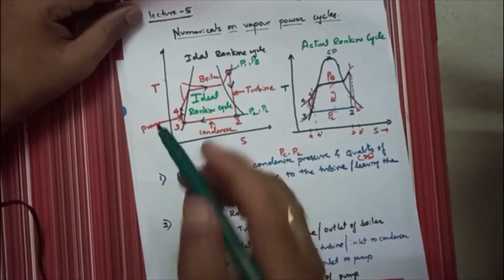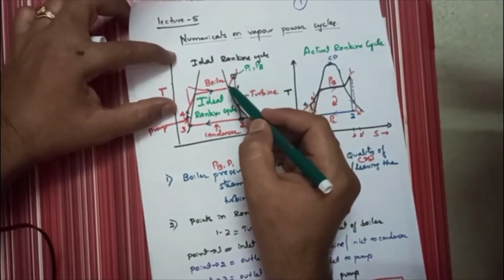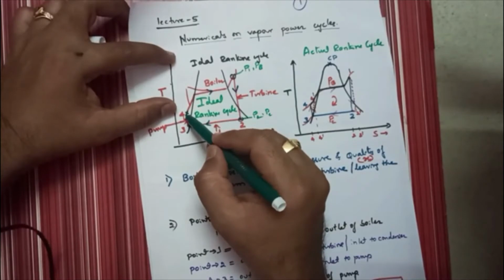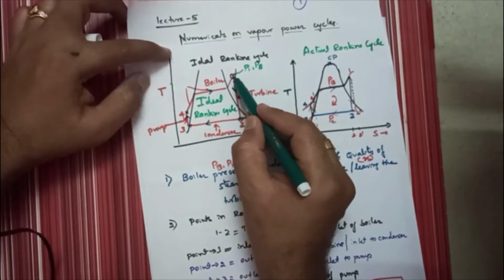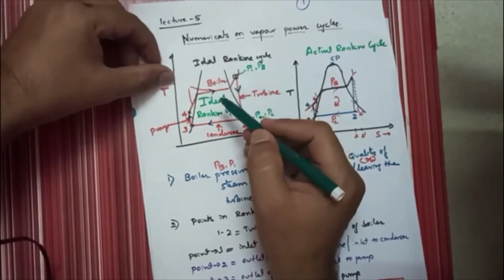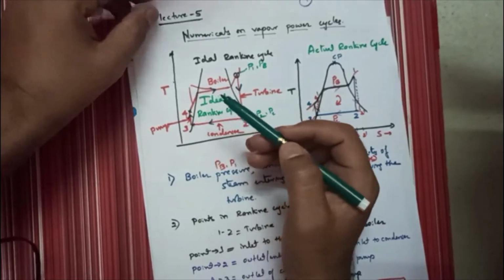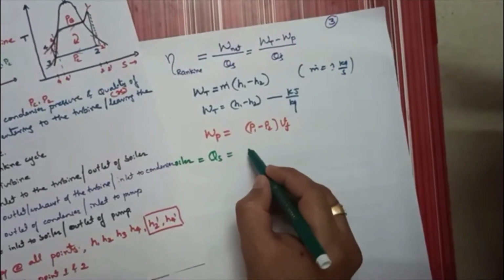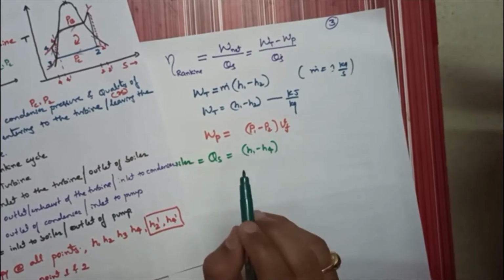Okay, so 4 to 1 is a heat addition process. So which enthalpy is more? Either point number 4 enthalpy is more, or point number 1 enthalpy is more. Obviously point number 1 is at the highest temperature, so if the temperature is more, enthalpy will be more. So H1 minus H4 is the formula for calculating heat supplied.